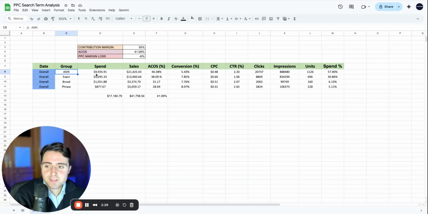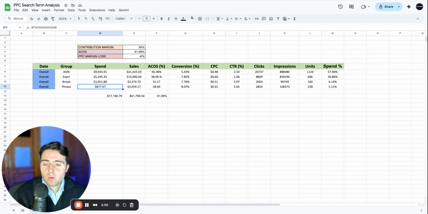So in this case, for this brand, they're spending a full 57% of the budget. So that's really a lot for ASIN. And yeah, they're spending almost 10 grand. The second most expenditure is going to exact, then broad, then phrase.